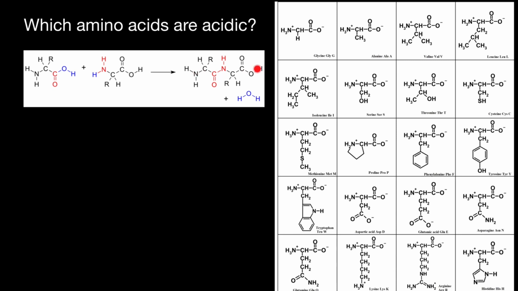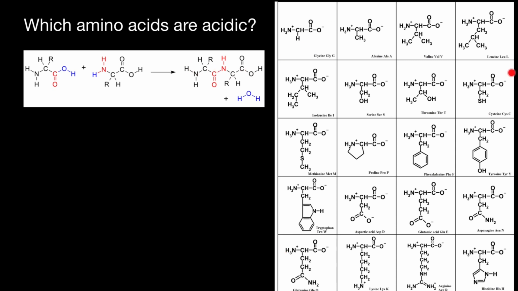So overall, it's only going to have at the very first amino acid the basic part of the molecule, and the polypeptide is also going to end with a carboxylic acid group. So overall, it's going to be negligible, and the backbone of the polypeptide is going to be neutral.